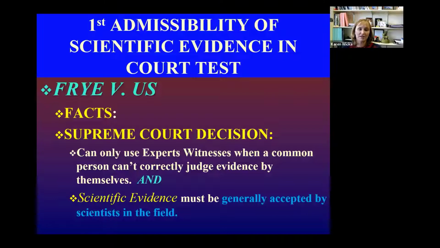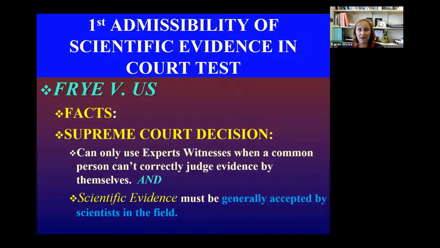But the second part is you have to prove that the scientific evidence that you want to show the jury is generally accepted among scientists in the field. That means if there's 100 scientists in the field, that 99% of them agree that this is proper and accurate science, that it's good science.